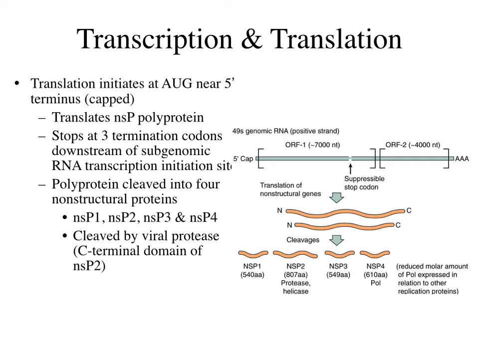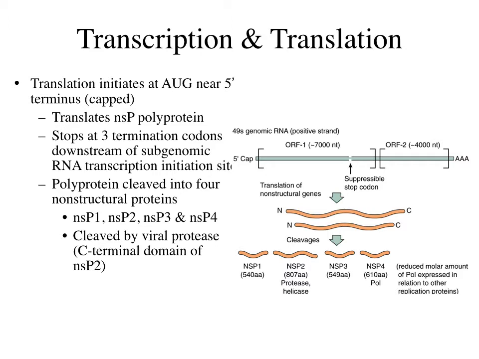So when we look at this, again you see that the 5' proximal ORF, or open reading frame, is going to be responsible for translating the non-structural genes. And keep in mind that the replication strategy for a single-stranded positive sense RNA virus is that the first step is going to be translation.